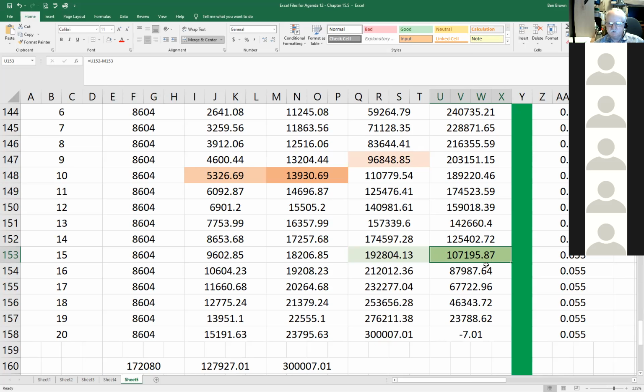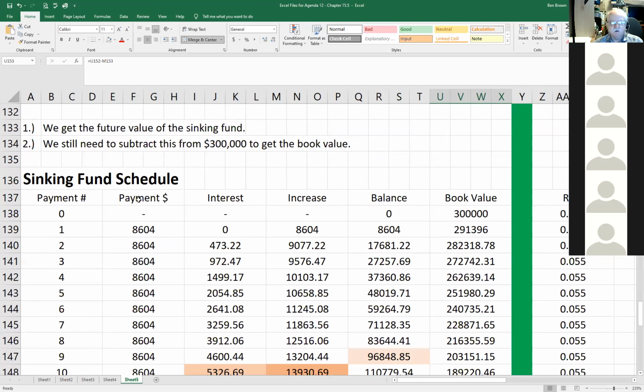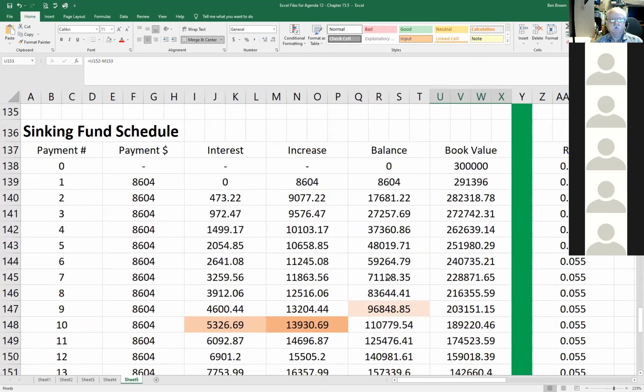But of course, they've said round all answers to the nearest dollar, so we would have to round this to the value of 107,196. But when you create this schedule, it automatically will keep track of the book value for you if you've managed to program it correctly.